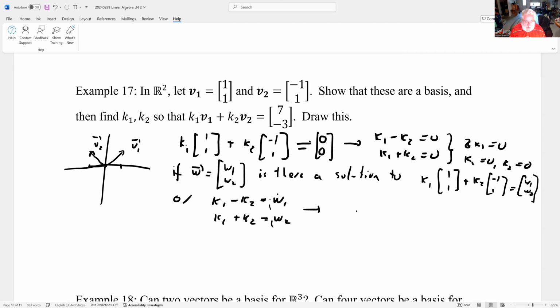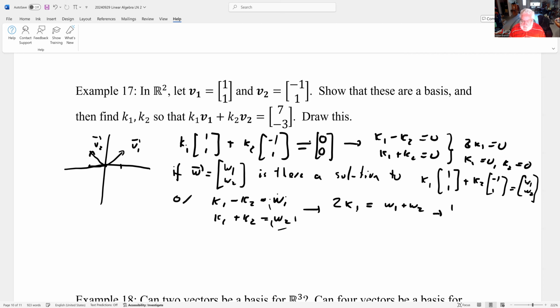If you're given W1 and W2, what do K1 and K2 have to be? Well, add the two things. 2K1 equals W1 plus W2. So that tells you what K1 is. And once you know what K1 is, you can solve for K2.